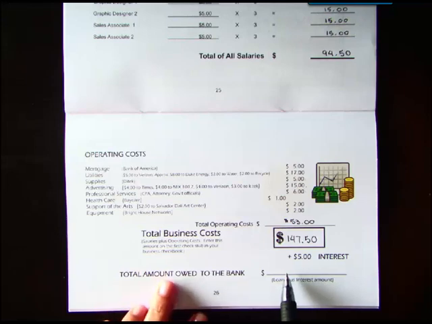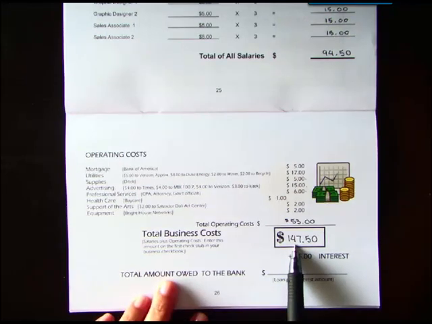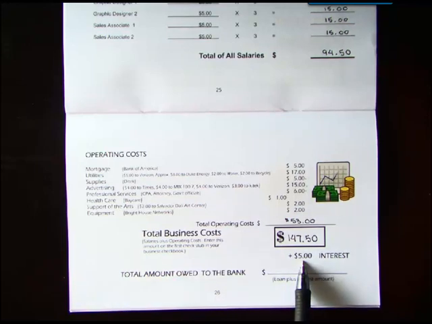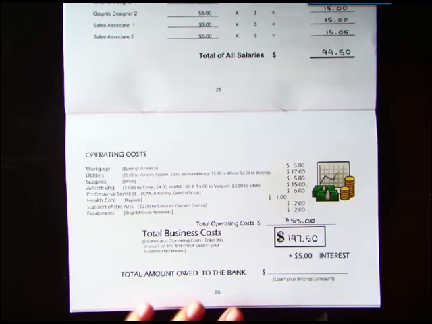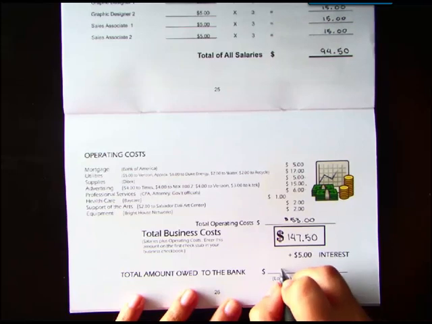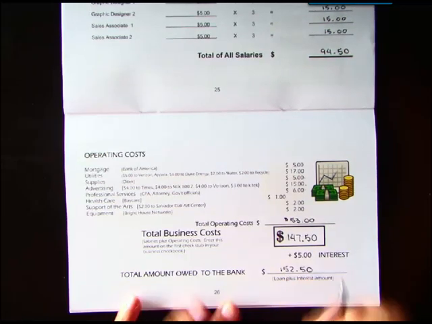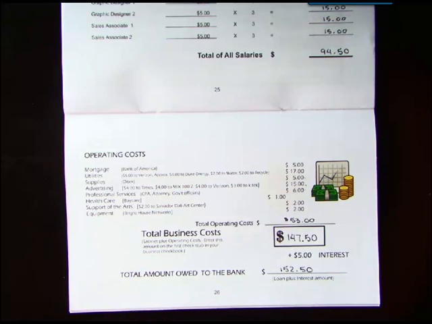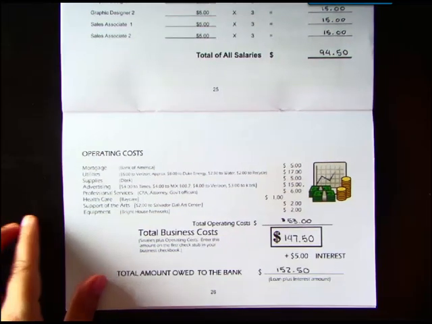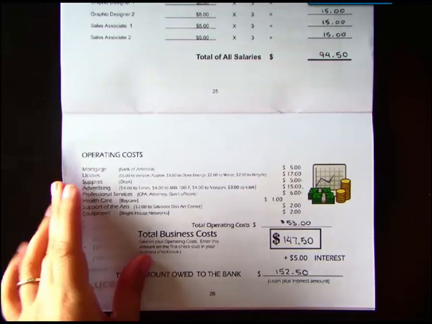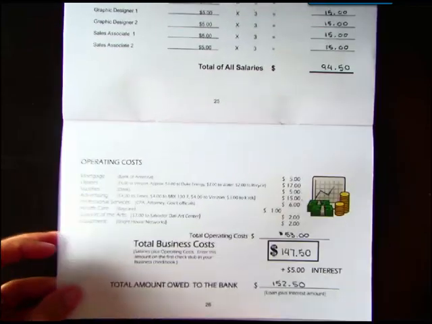So now to find the total amount we owe to the bank, we have to take our total business cost and add that $5 interest. So this comes out to $152.50. Okay. So that's how much we are going to owe to the bank.